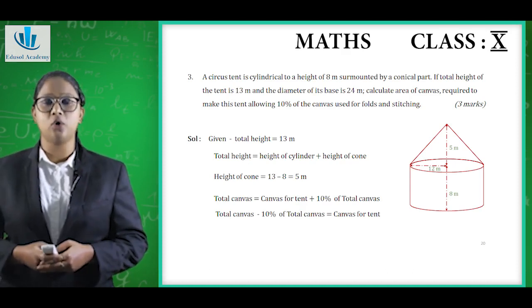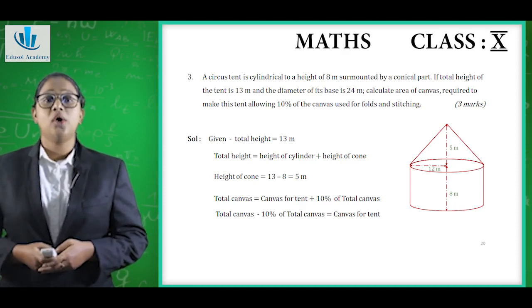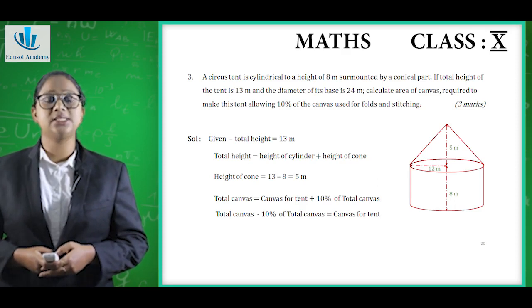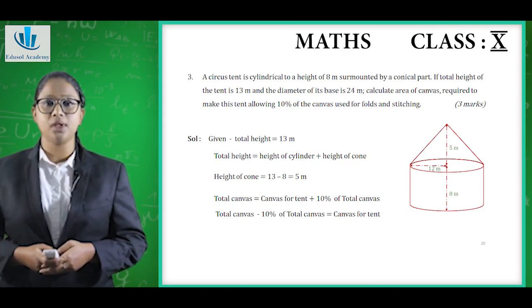You can see the figure on the extreme right side and all the parameters had been marked there. Now we have given that the total height of the tent is 13 meter and height of the cylindrical part is 8 meter. From that data we can find the height of the cone, that is the remaining height. So height of the cone will be 13 minus 8 is equal to 5 meter.